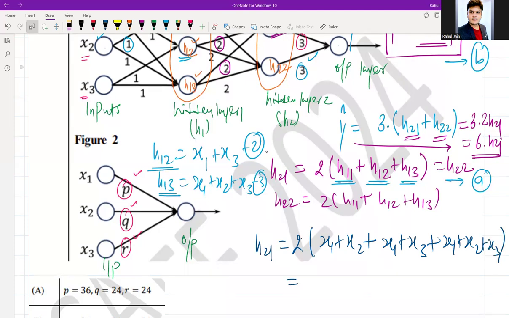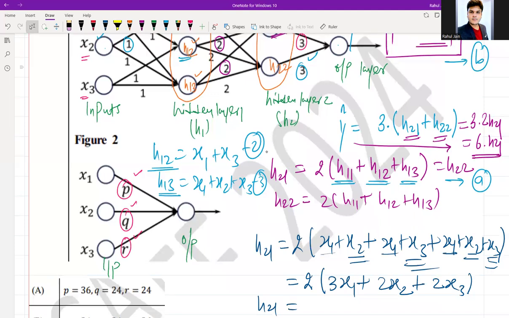So at the end, what I am getting, 2 into x1, x1, x1, that is 3 into x1 plus x2, and further x2 plus 2x2 plus x3 and x3, that is 2 into x3. So my equation of h21 becomes 6 into x1 plus 4 into x2 plus 4 into x3. So let's say this is my equation number C, h21.